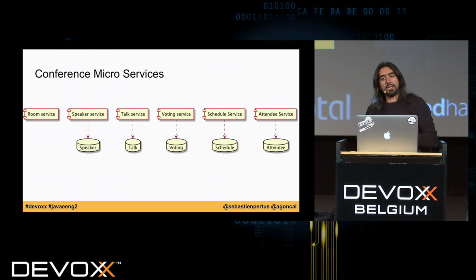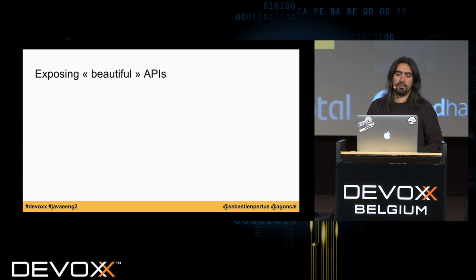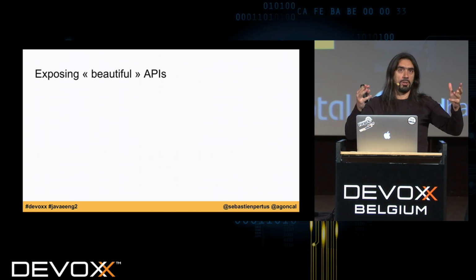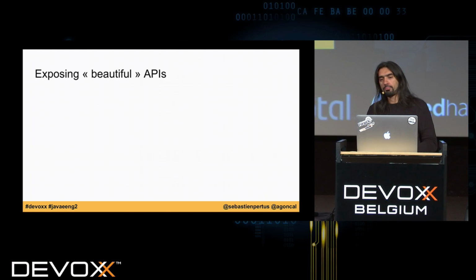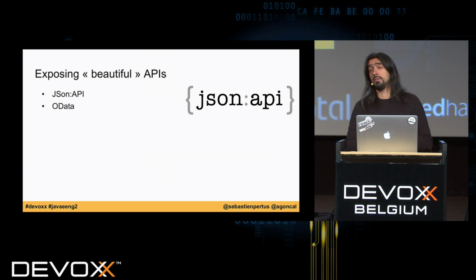So we started to build that, and the first dilemma that we all have is I'm going to need to expose APIs, and then you go online and you look for what is a beautiful API? How does it work? I quite like the JSON API idea, so I took some inspiration from JSON API. OData was there before. I think it was made by Microsoft and a consortium.